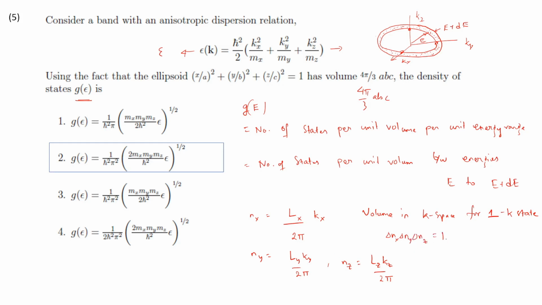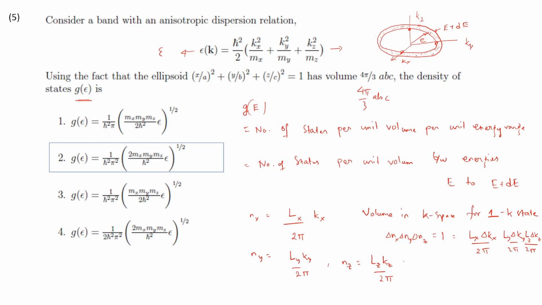This will be 1 if we have lx delta kx by 2 pi, ly delta ky by 2 pi, and lz delta kz by 2 pi.